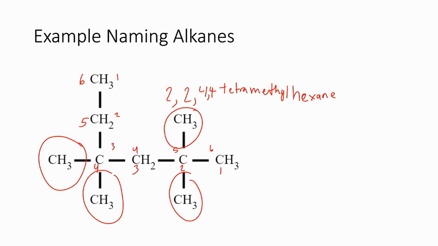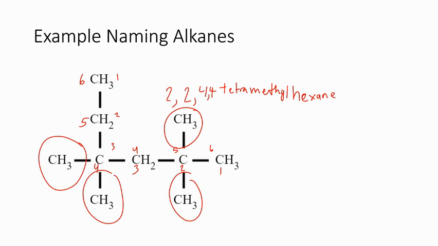Here's an example, and then we'll look at some in Alex. This carbon chain we will number this way: 1, 2, 3, 4, 5, 6, because that puts the first substituent at the 2 position, and then there will be 2 numbers on the 4 position.